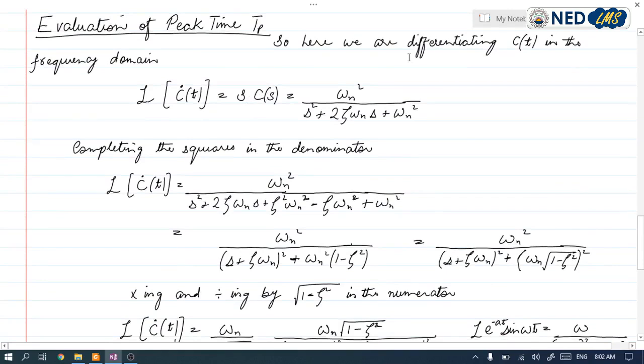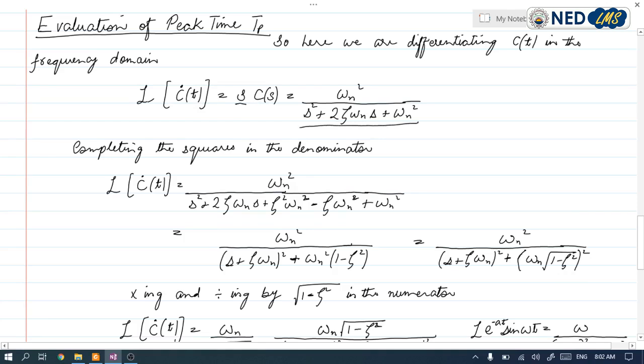We are differentiating the output response in the frequency domain because it will be easier for us. Here I have taken the Laplace transform of the derivative of the output response, and it can be written as this value here. This s represents the derivative, and this is the equation of our output response.